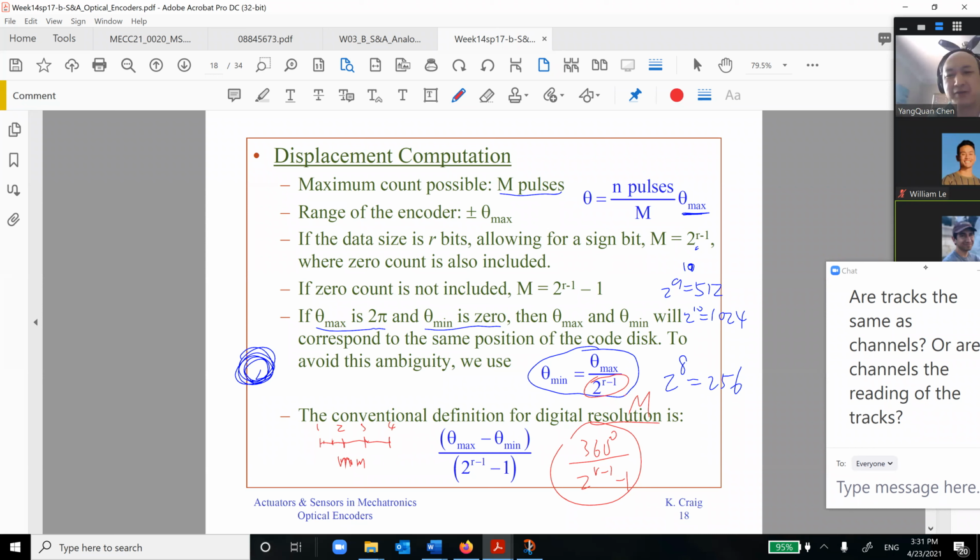Anything below 0.1 I should treat as 0. So there's a resolution there: the minimum value below which I should treat it as 0, because I cannot distinguish anymore. This is exactly the meaning of resolution, and it applies to analog and digital sensors as well.